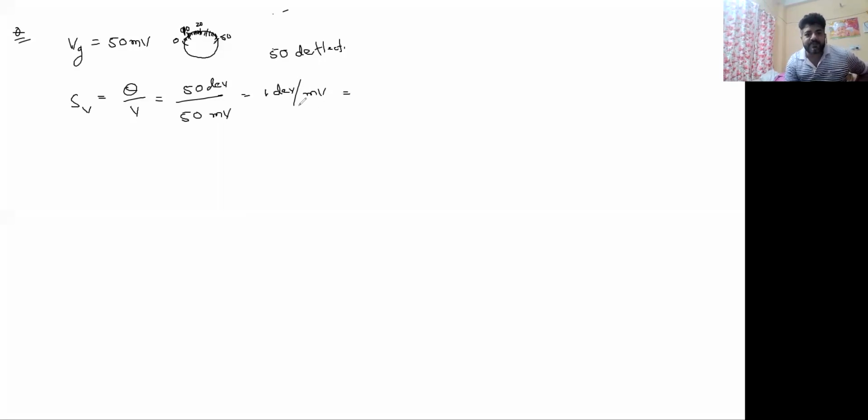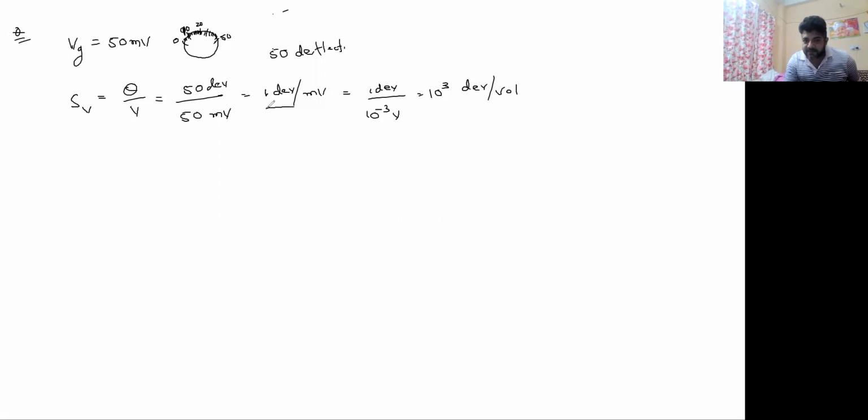This is one way I can express it. Another way: 10 to the power 3 means 10 to the power minus 3. What do you mean by that? Try to understand. One deflection by 10 to the power minus 3 volt means 10 to the power 3 deflection per volt.